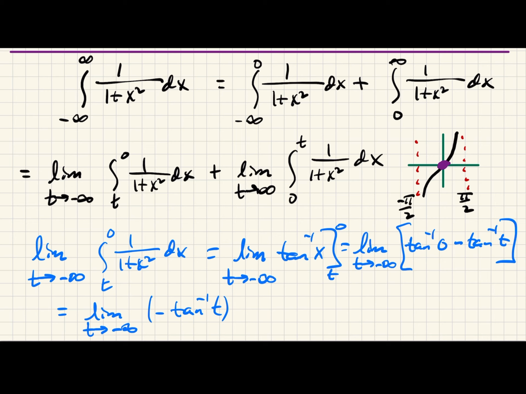In other words, it's only defined on the right half of the unit circle, only over here. So for my inverse tangent, I'm only looking at the possible range of angles from minus pi over 2 to pi over 2.